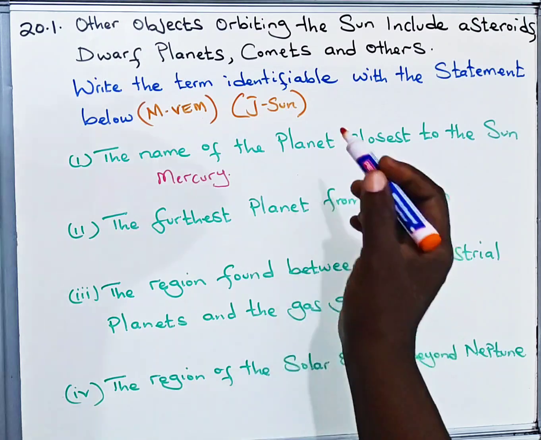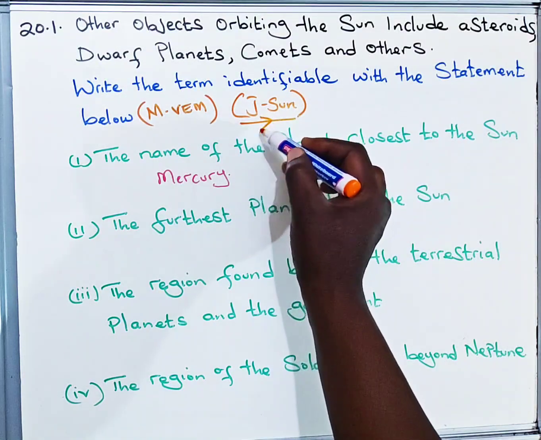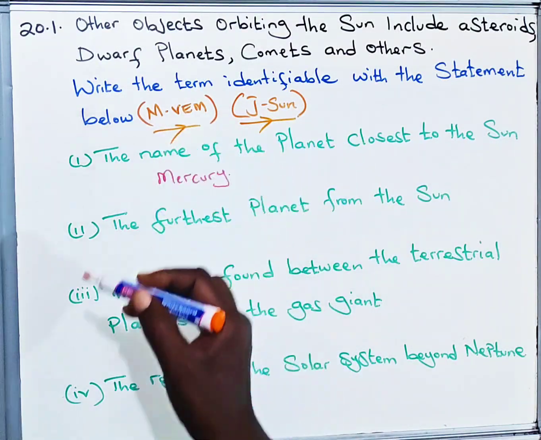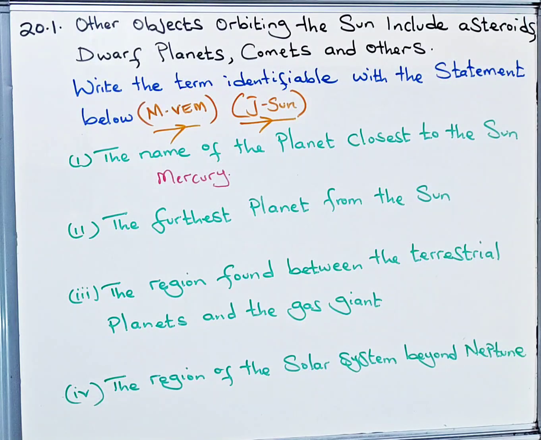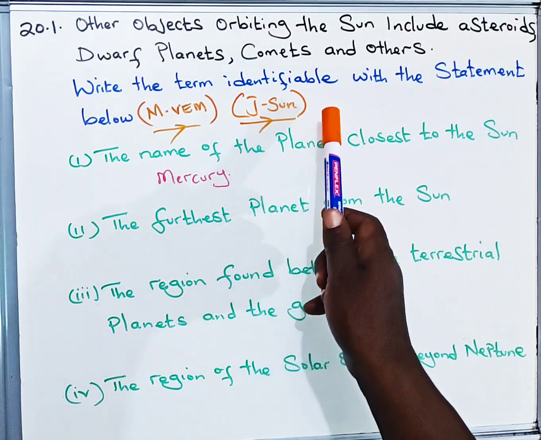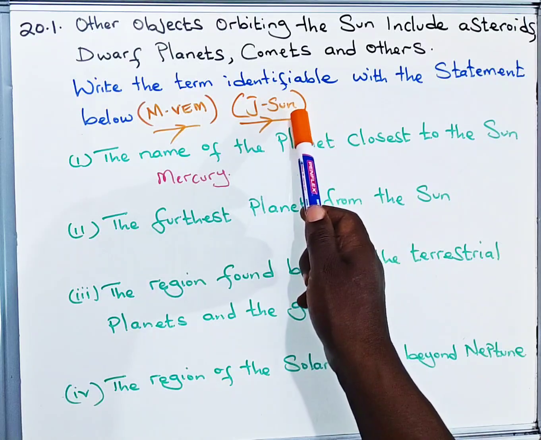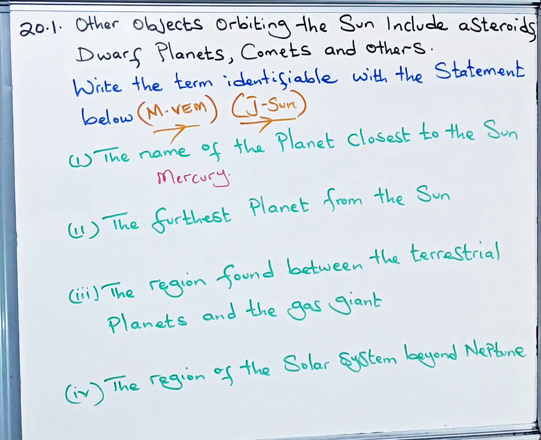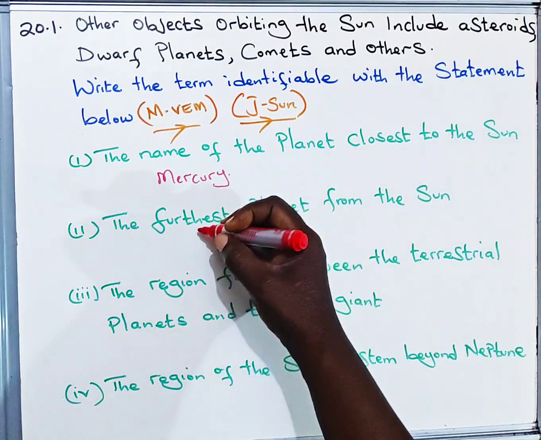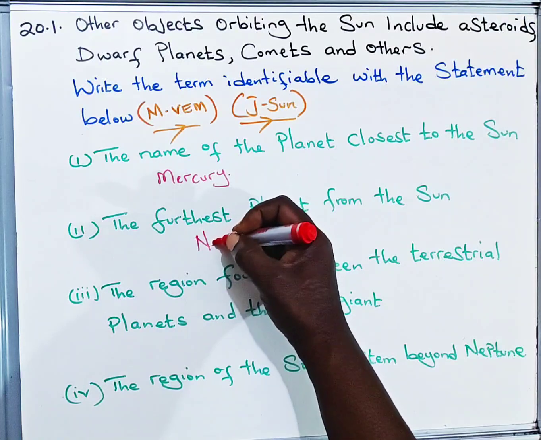But you have to know that they appear in that order as you move away from the sun. So this implies that the planet which is farthest from the sun is N, which is Neptune. And that's the answer here.